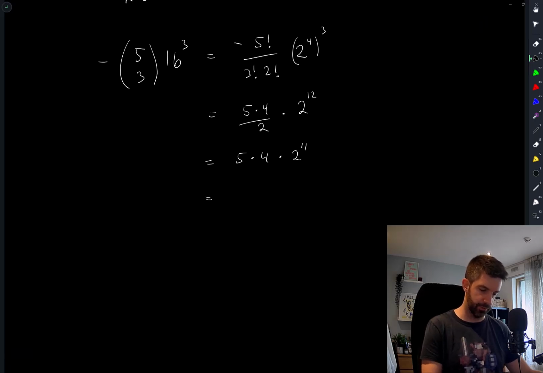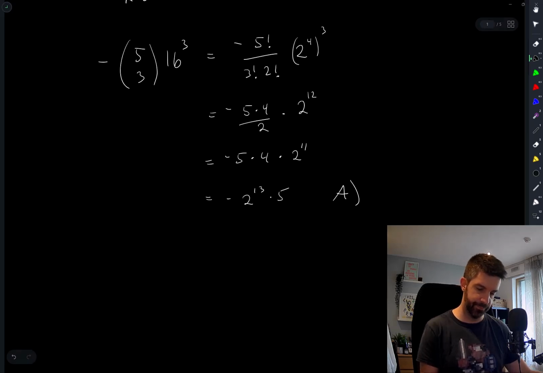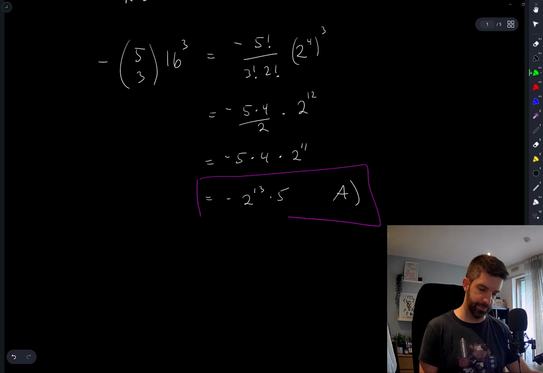Where did my minus sign go? So this is negative 2 to the 13 times 5. And that's option A. So I hope I did everything correctly there.